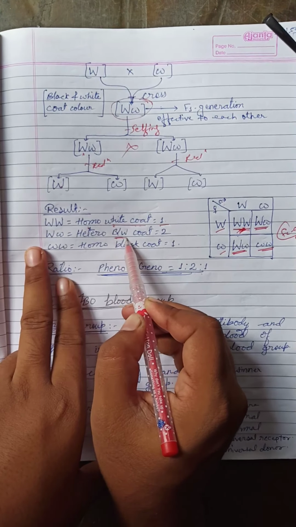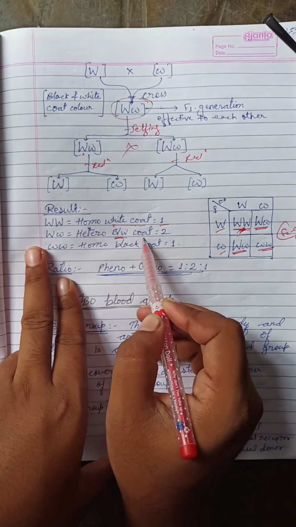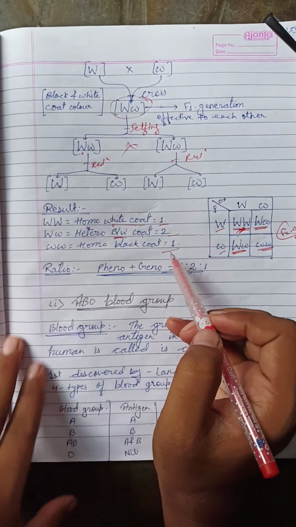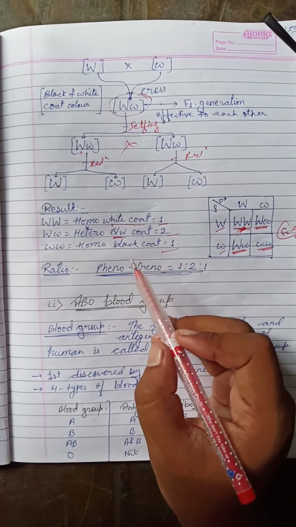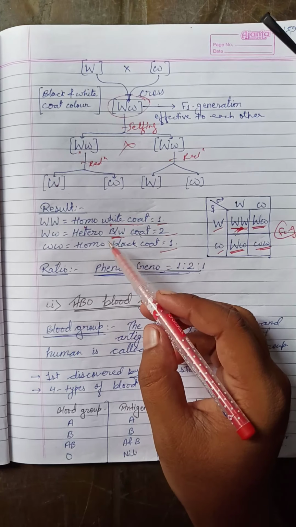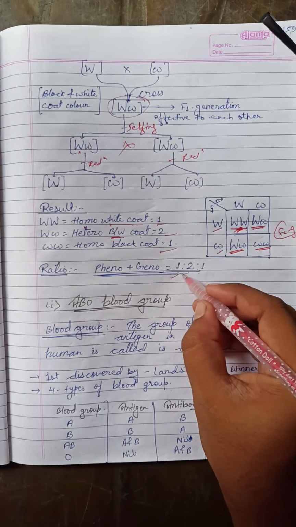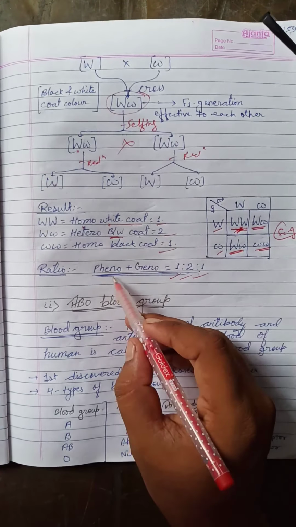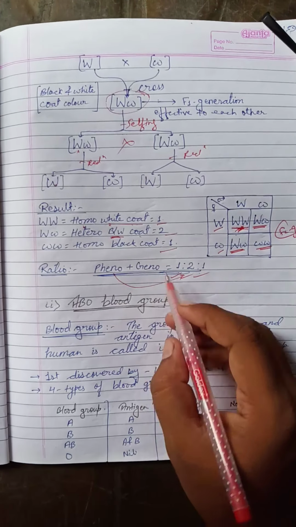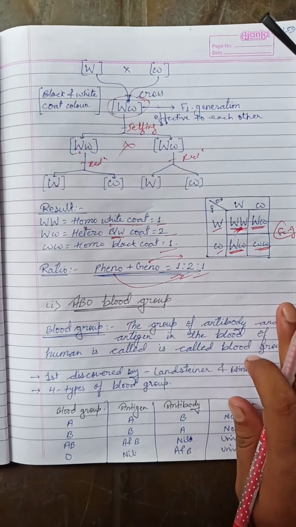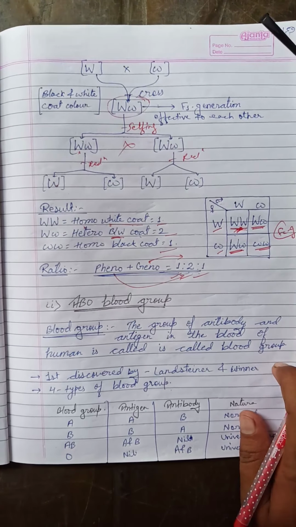Hetero black and white coat color is 2, and homozygous black coat color is 1. That's why the phenotypic and genotypic ratio for the codominance of coat color is 1:2:1. Is it clear? That means the phenotypic will be 1:2:1, and genotypic will also be 1:2:1 for the codominance. Is it clear?